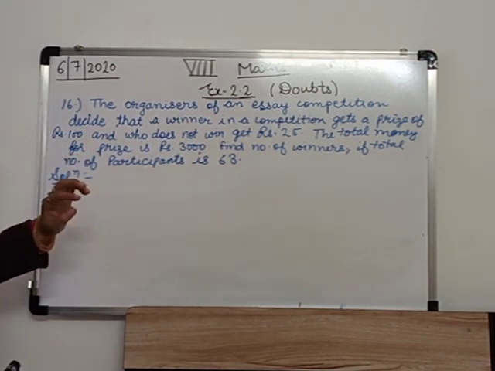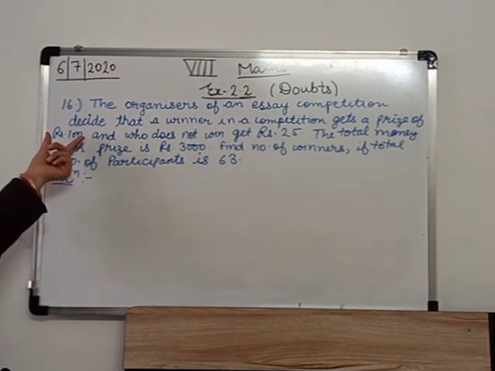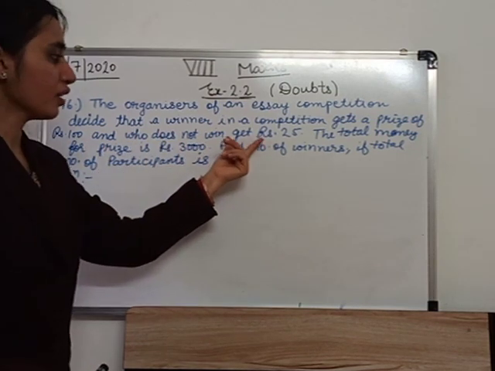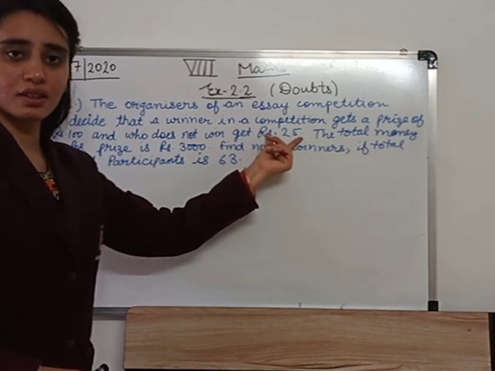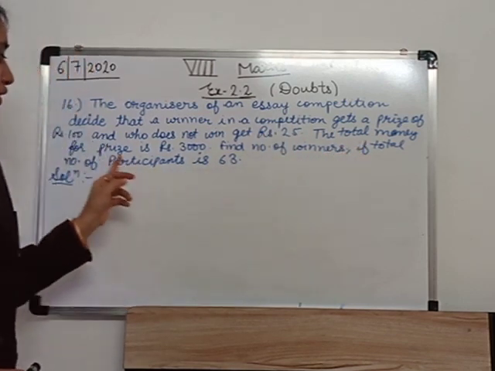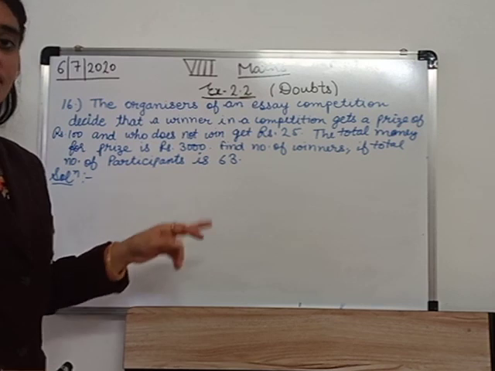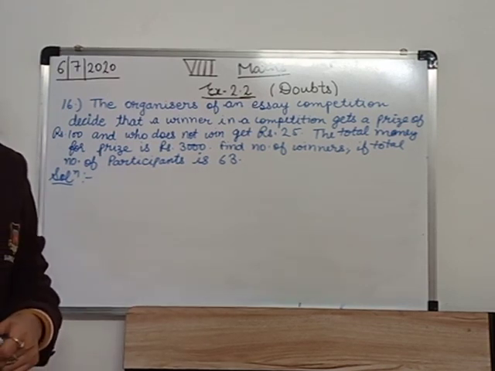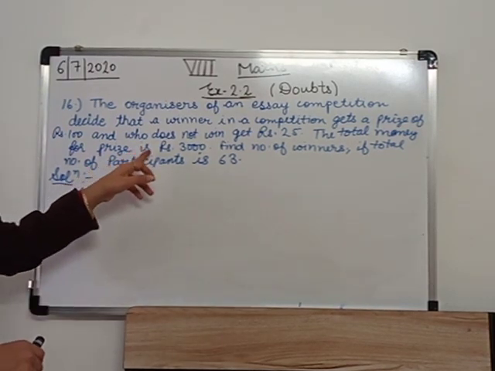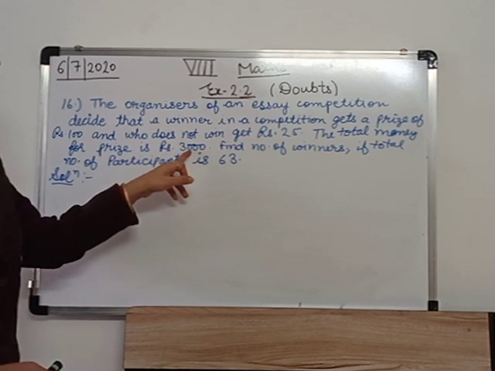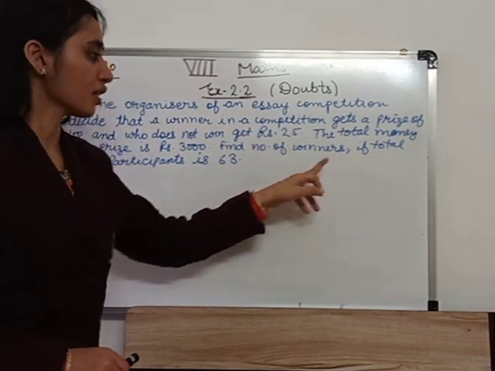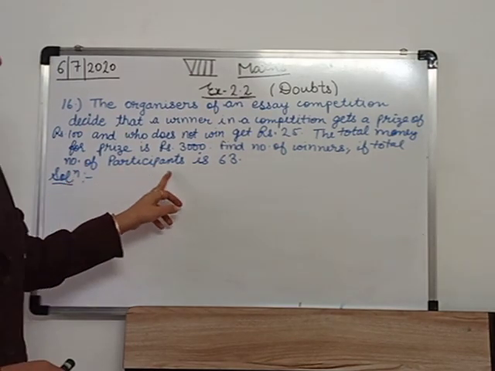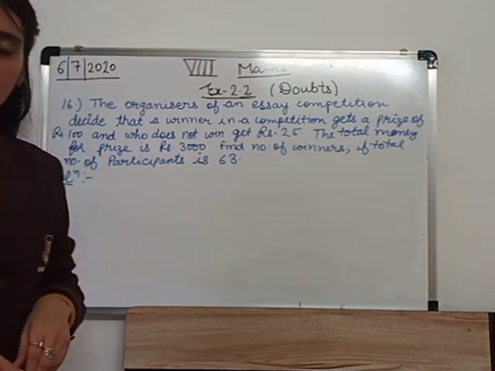Means who won the essay competition gets rupees 100, and who doesn't win gets rupees 25, and the total money for prizes is rupees 3000. Means the total amount the organizers distribute as prize money is 3000. Find the number of winners if the total number of participants is 63.